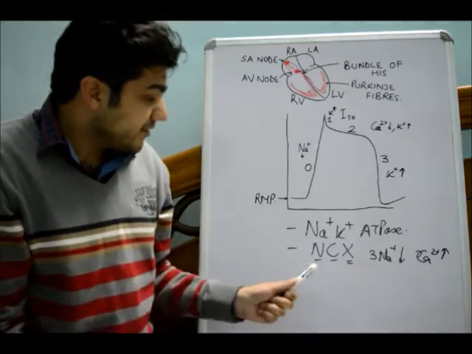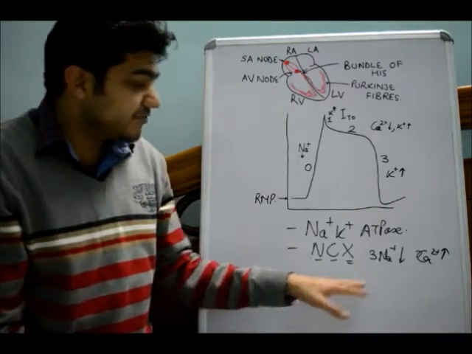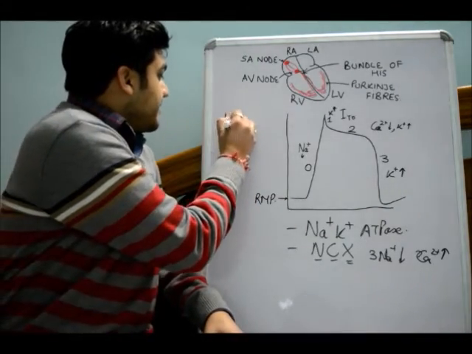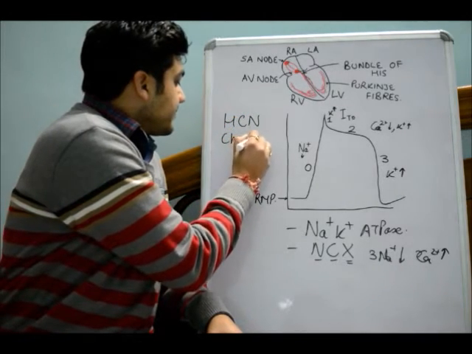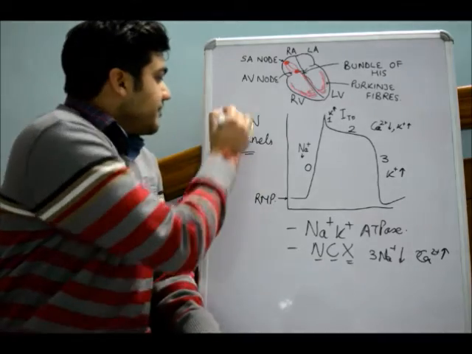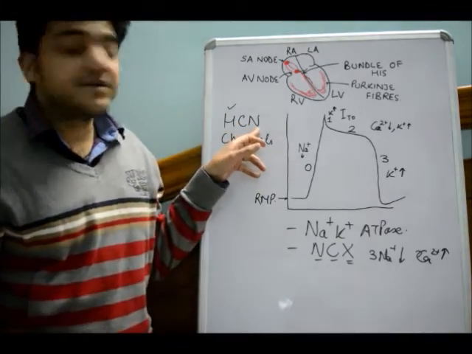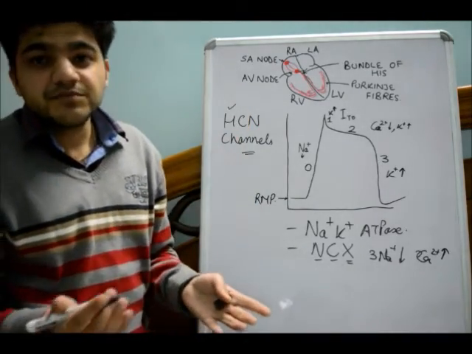Fine. And since I am discussing automaticity now, there is one more thing that contributes, and that is called HCN channels. HCN channels are called hyperpolarization activated and cyclic nucleotide gated channels, which are open to both potassium and sodium.